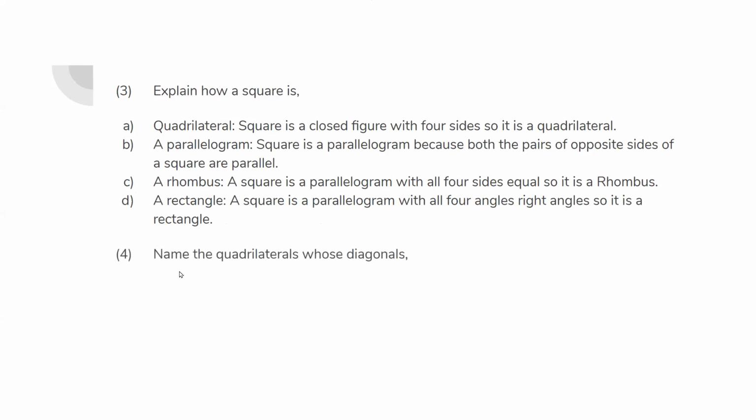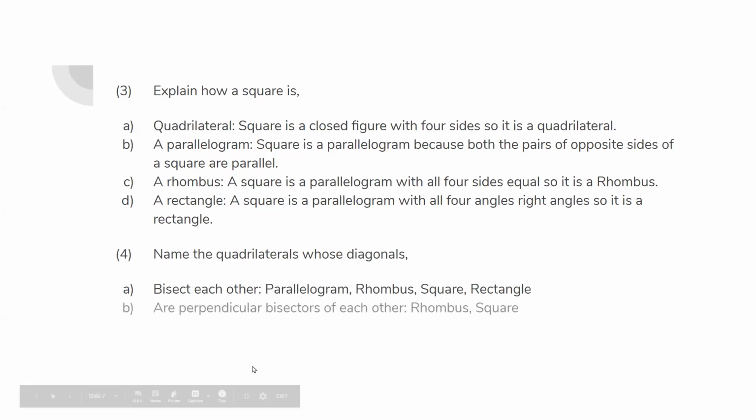Next, name the quadrilaterals whose diagonals bisect each other. We learned the properties of diagonals. Diagonals bisect each other in a parallelogram, rhombus, square, and rectangle. Next, diagonals are perpendicular bisectors of each other. That also we learned just now. In a rhombus and a square, diagonals are perpendicular bisectors of each other.